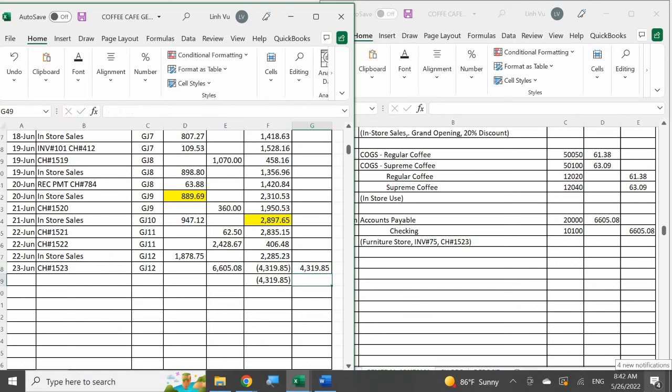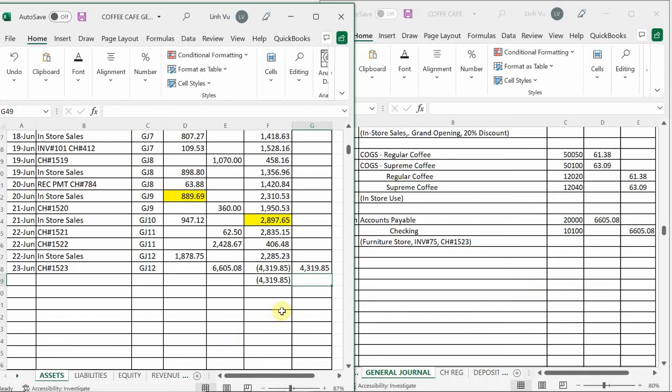Okay? Now, in this case, right? Negative $4,319.85. Now, in this case, there's one thing that we can do, and then the other one is what happens afterwards. So in this case, we just wrote the check today. Does this number actually reflect in my actual bank account right now?